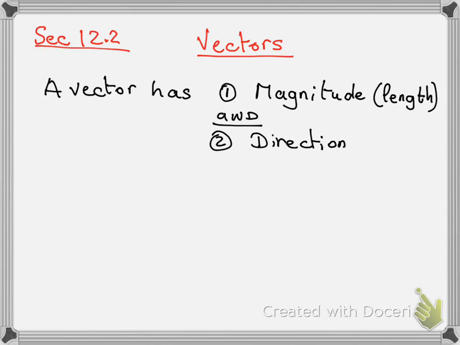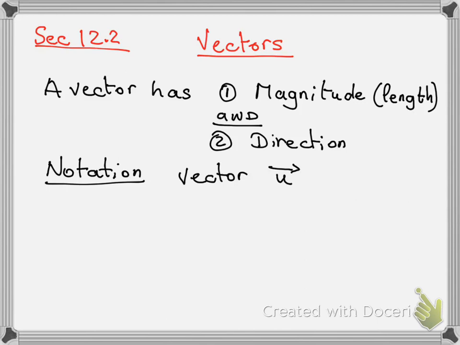Now, the standard notation for vectors: usually we write a letter, let's say vector u, so we write the letter u, and above the letter we have an arrow. So that's the vector u.